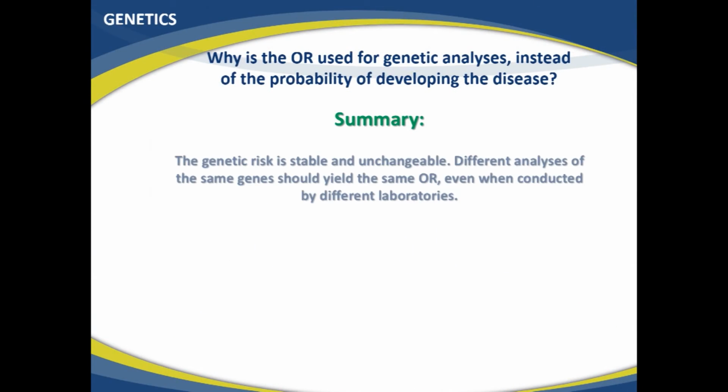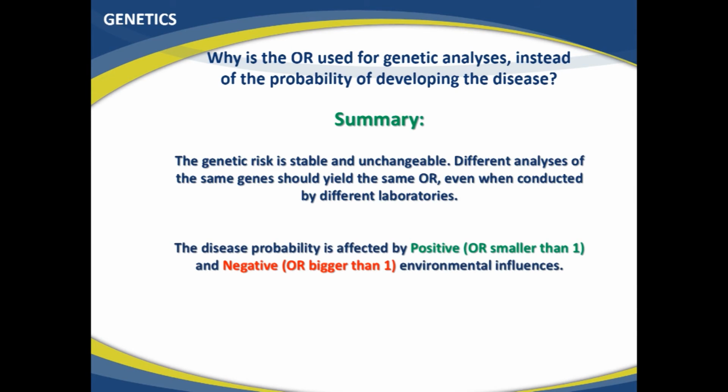So the genetic risk is stable and unchangeable. It is inherited and it will stay the same. Every other laboratory analyzing the same genes should get the same results if they work scientifically. So different analyses of the same genes should yield the same odds ratio, even when conducted by different laboratories.